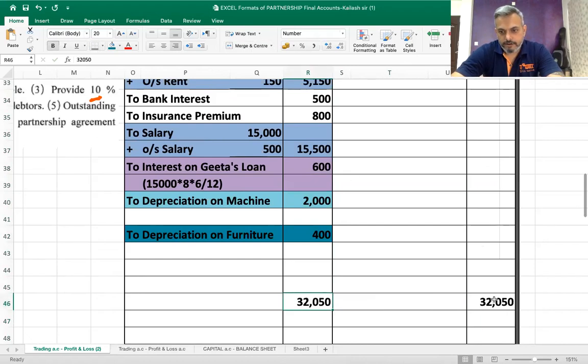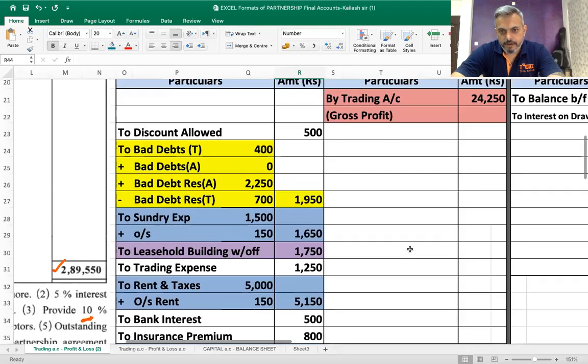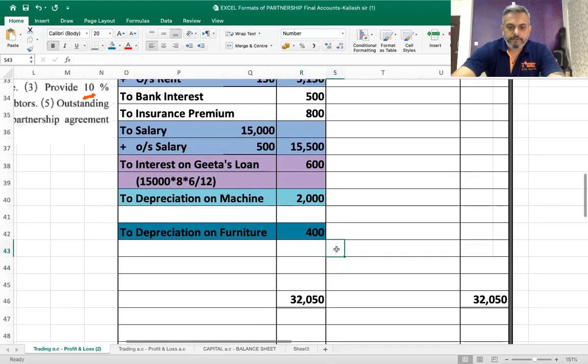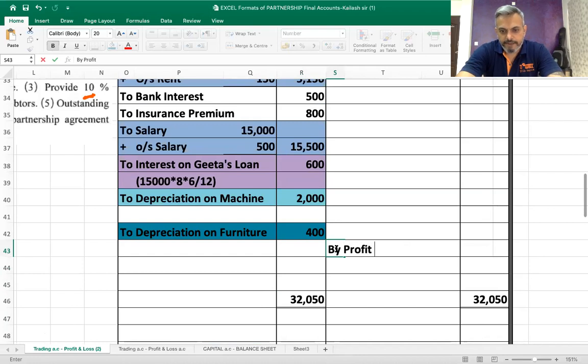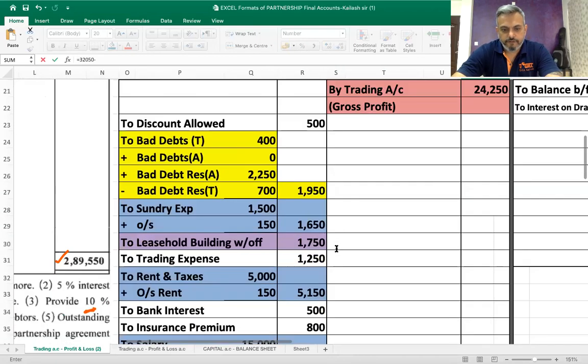Underline, underline. Now here we have loss. So by net loss, which will be transferred to profit and loss appropriation account. So we write by profit and loss appropriation account. 32050 minus 24250.